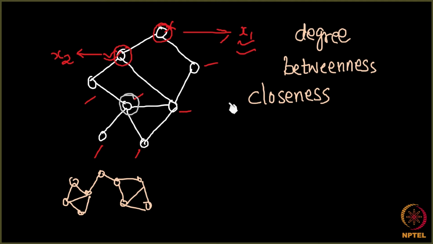So you can look it up. There is a very nice way of calculating this closeness centrality. But the intuition is simple. We see how close I am to the entire network, that is closeness. So are the nodes with a high value of closeness the most influential? Or we have a last measure which we discussed, coreness.